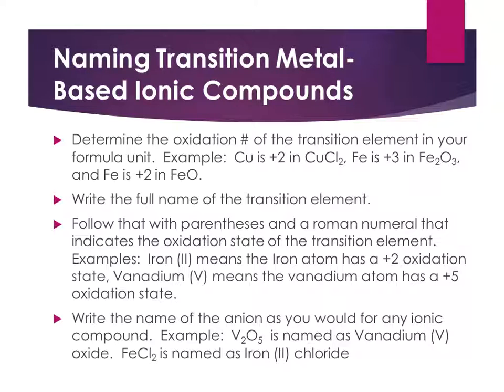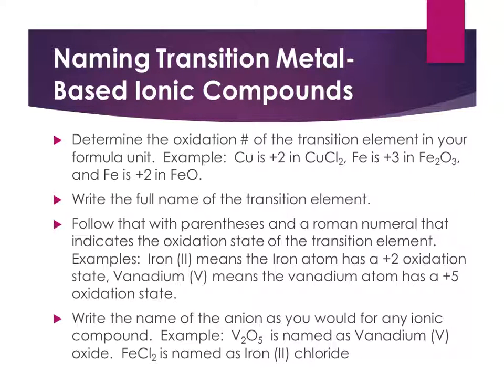There's only one more additional step that we haven't done yet with the other naming of ionic compounds, and that is to include some information about the oxidation state of your particular transition element in that compound. We've already got the first step done: we determined the oxidation number.